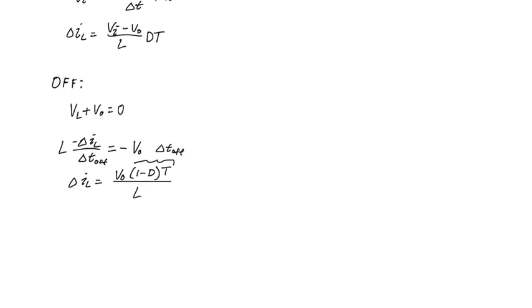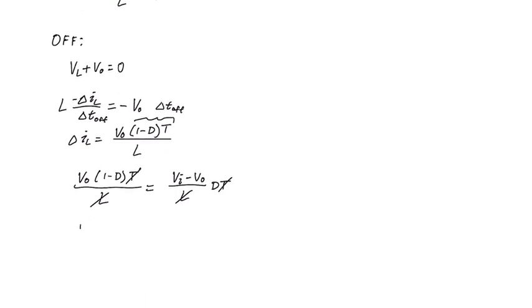And if we set those equal to each other, we will get an expression. So VO times 1 minus D multiplied by T, and then divided by L, is equal to VI minus VO over L multiplied by DT. So what you see here is that we can cancel the period with the period and L with L. So that leaves us with VO times 1 minus D is equal to VI minus VO.